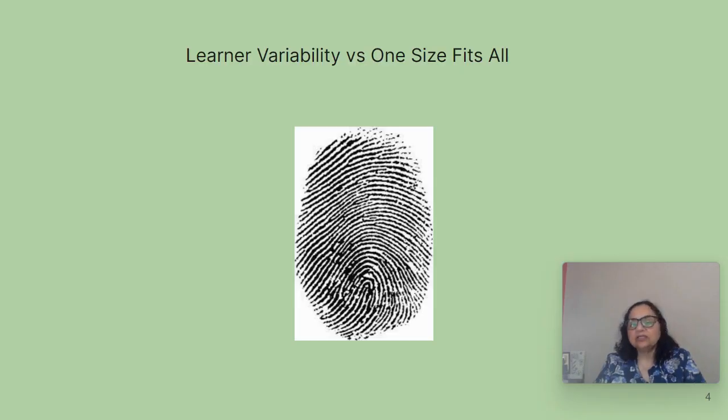We process the information provided in the classroom in different ways based on our background experiences and readiness. Then how is a one size fits all approach or teaching method used in the classroom to cater to the diverse learners? How is it going to meet their learning needs? It's a huge question about learning variability.